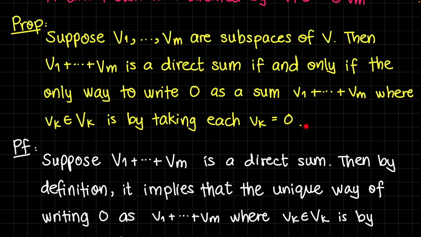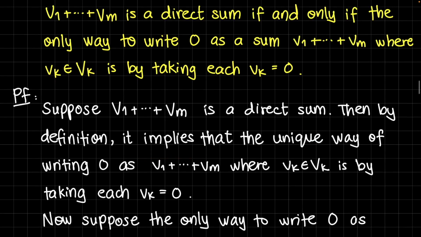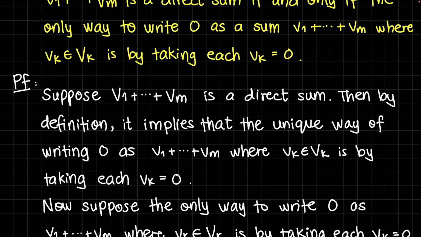And in the second part, we will assume that this is the only way to write 0 in this form, by taking the component vectors to 0, and then we will prove that it is indeed a direct sum.